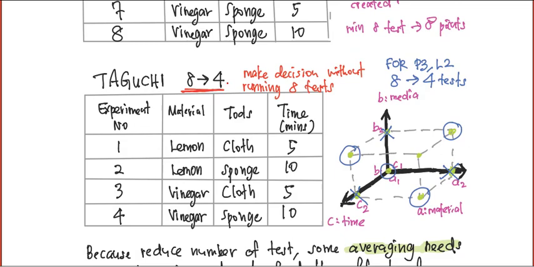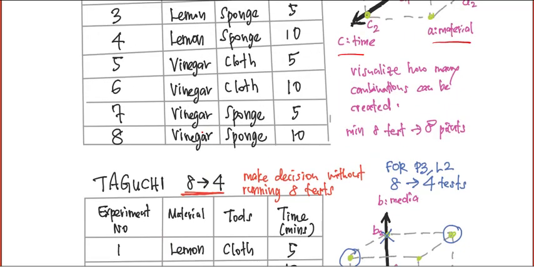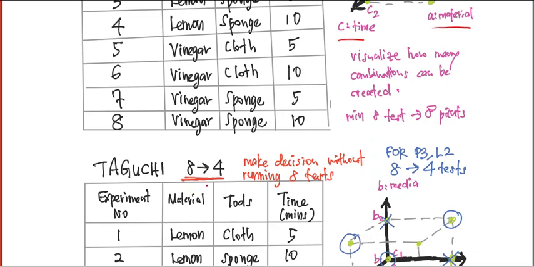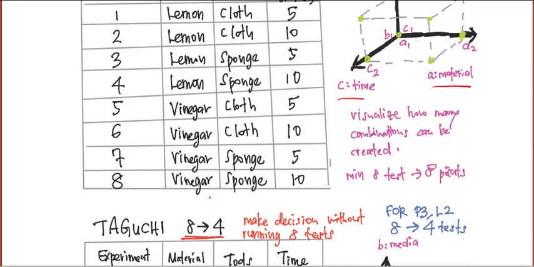But if we follow the Taguchi rules, which we have already seen above, then we can have such a table. Okay, let's reach this Taguchi table or Taguchi array of the experiments from the factorial design.